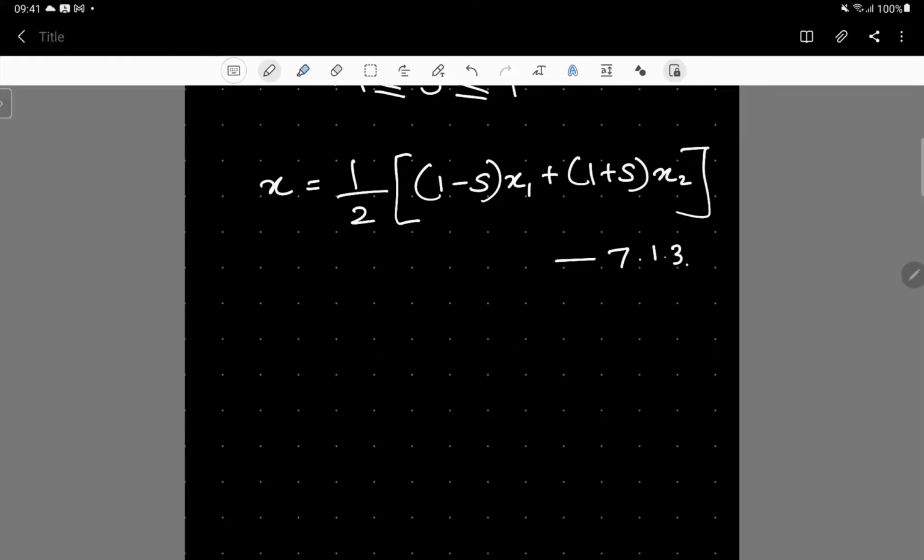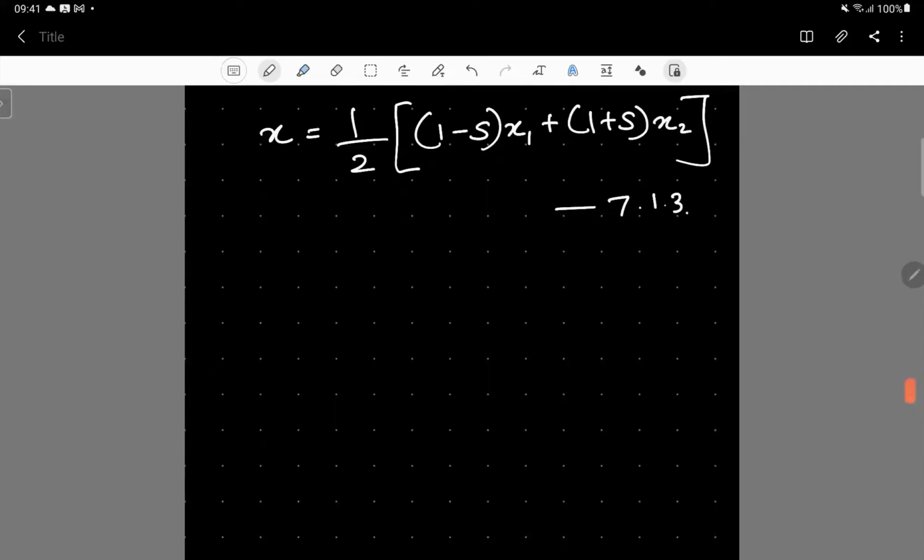Or in the matrix form, you can simply write down this equation. x is nothing but the shape of the element, and interestingly, you would like to express this in terms of the global coordinate system. And what do we get?